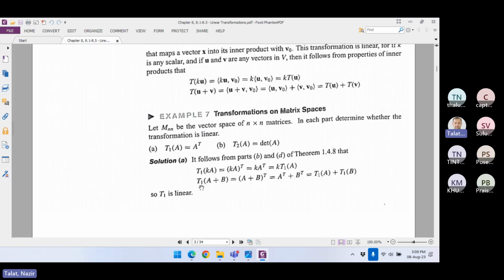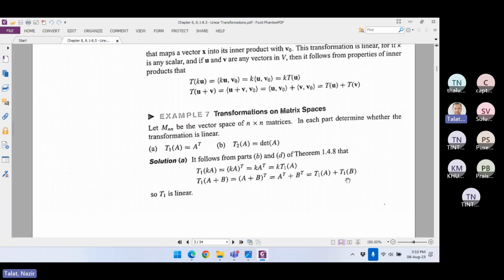Now if we take T1 of A plus B, where A and B are two matrices, then it is equal to A plus B whole transpose, and there is a property that it is equal to A transpose plus B transpose, and hence it will be equal to T1 of A plus T1 of B.